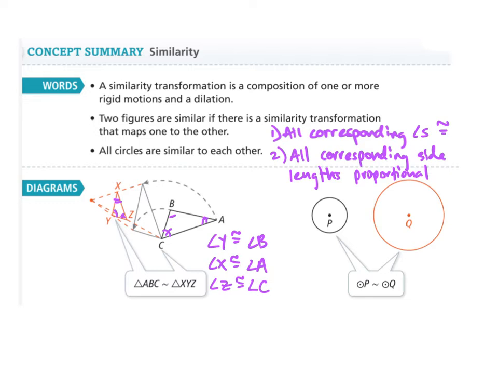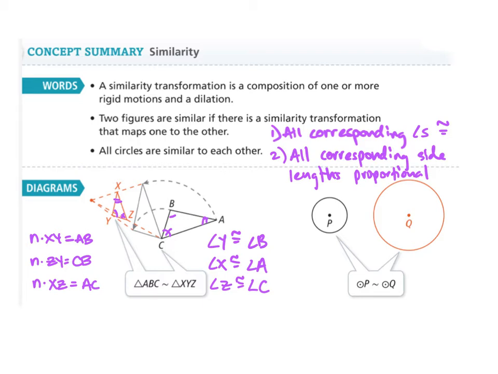We can write that a couple of ways. We can say that n times XY equals AB, n times ZY equals CB, and n times XZ would equal AC.